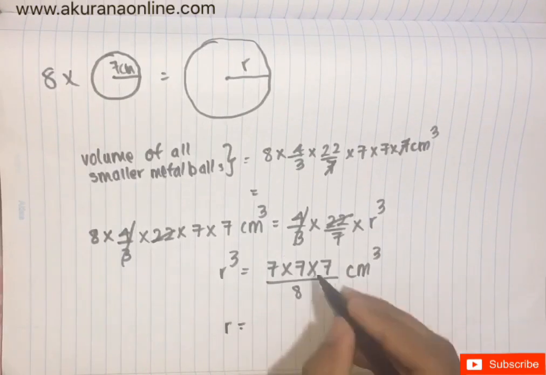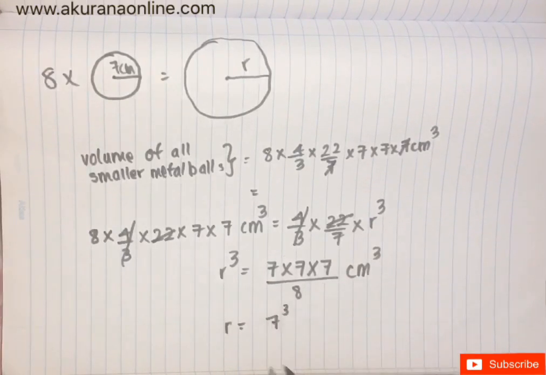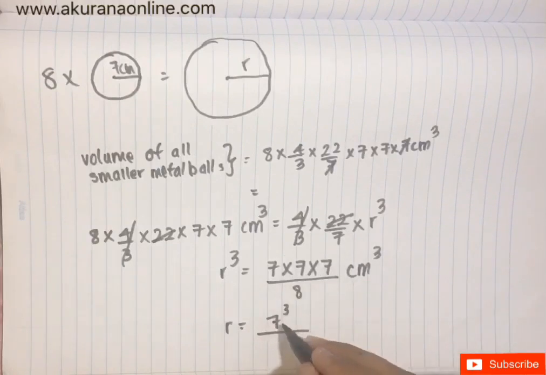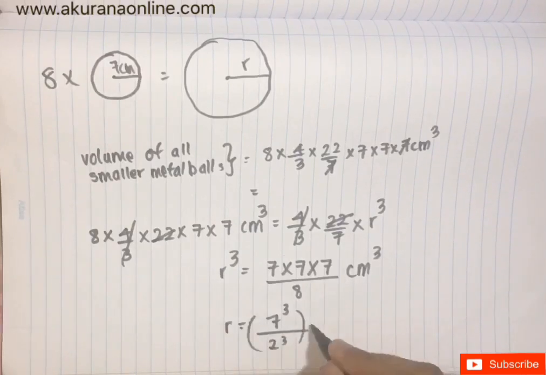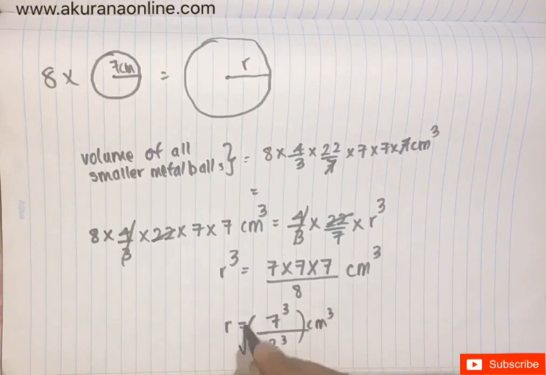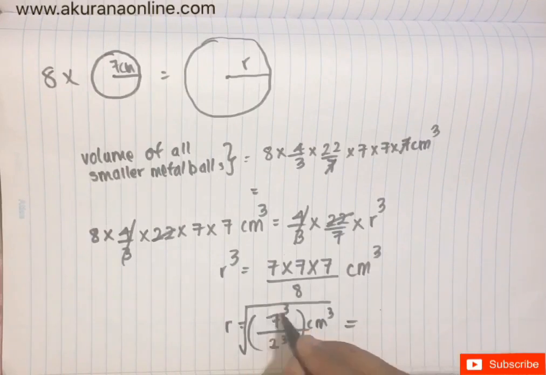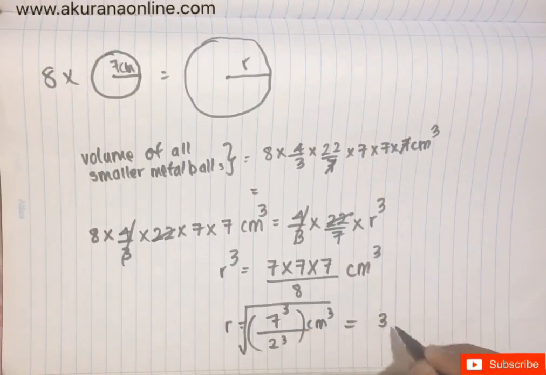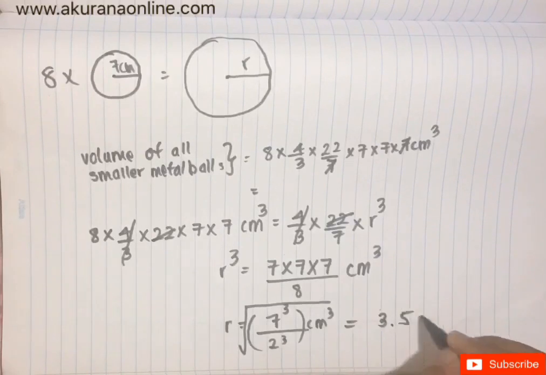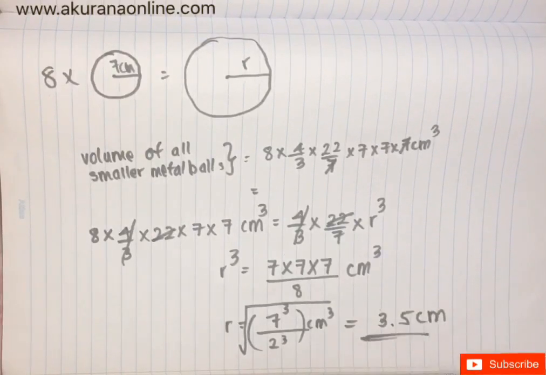So 7 into 7 into 7 is 7 cube, and you can also write 8 as 2 to the power 3 centimeter cube. You have to take the cube root of all this. That will give you 7 over 2. So finally 7 over 2 means it's 3.5 centimeters. Are you clear with this? Okay, now you have questions based on this. You can solve all these questions just by using the equation. Okay, thank you.